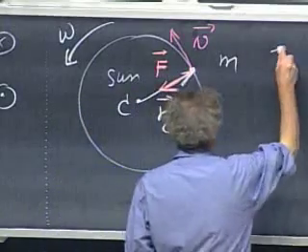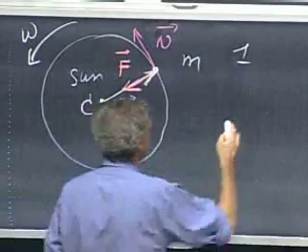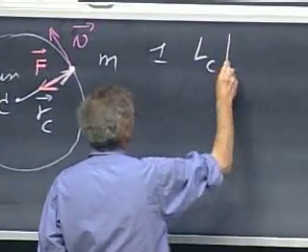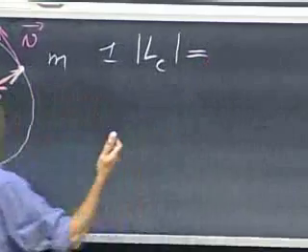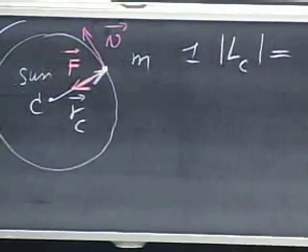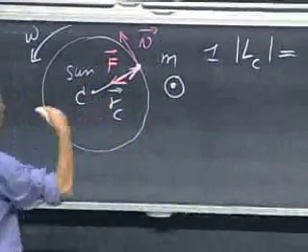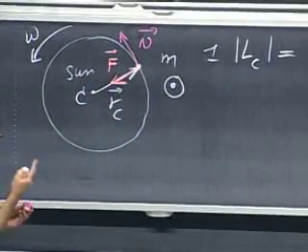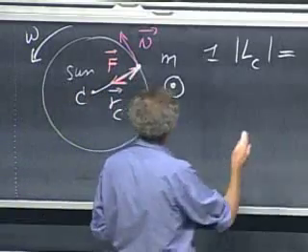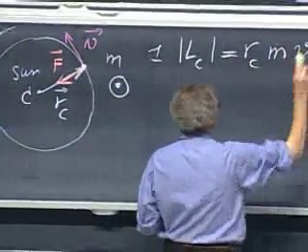Well, go to equation number 1. The angular momentum relative to point C, the magnitude, because the direction is clear: if it's going counterclockwise as seen from where you are, then the direction of the angular momentum will be pointing out of the blackboard. So I'm only interested in the magnitude. That will be r of C times the mass times v.